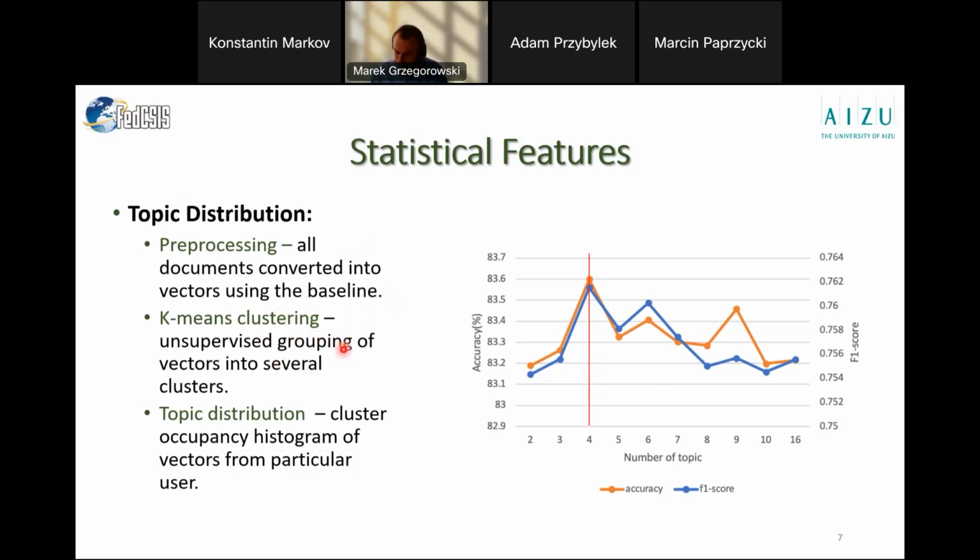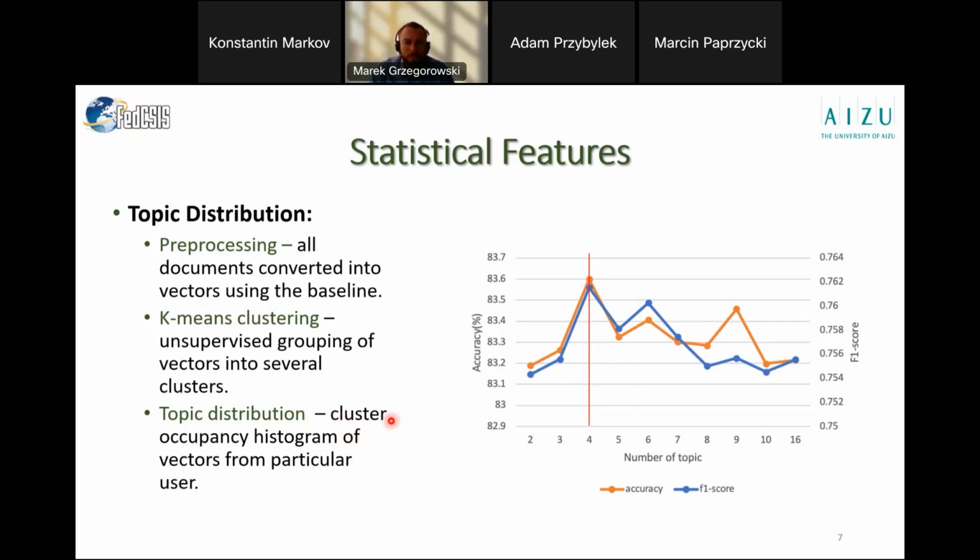The number of clusters, of course, is unknown, so we did some preliminary experiments with different numbers of clusters, and 4 clusters actually gave us the best result. So we fixed the number of clusters to 4. Then, as a feature vector, we use the occupancy histogram for each user.